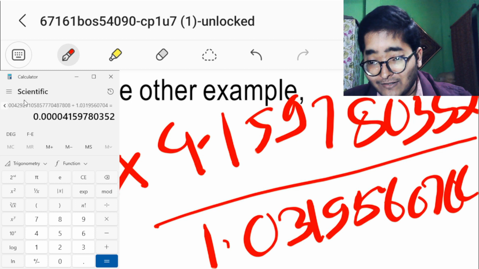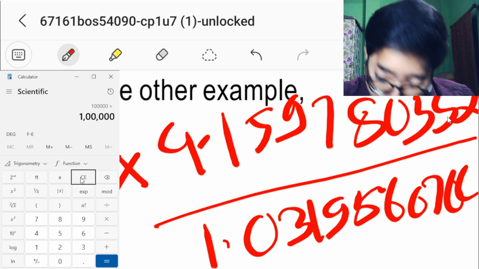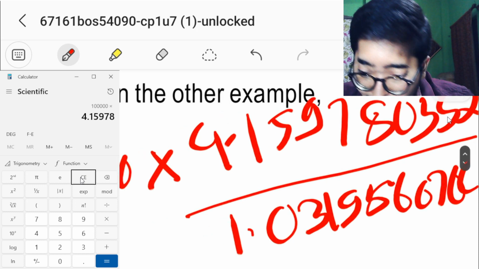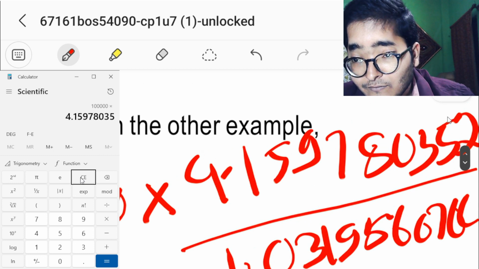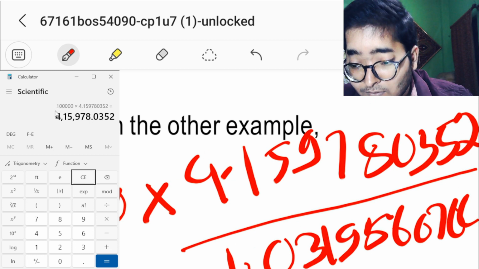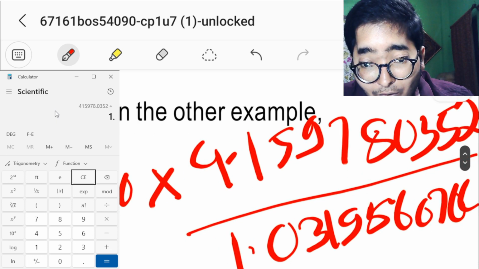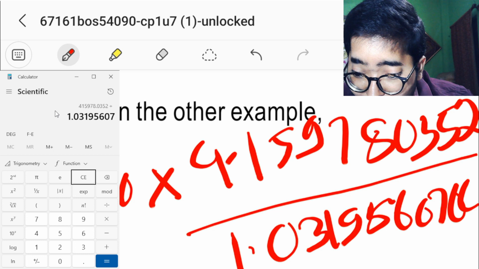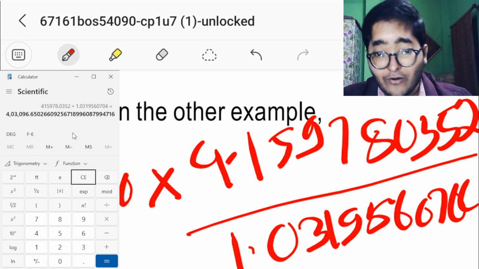Actually my PC cannot handle this much stress at this time. 1 lakh into 4.159780352 divided by 1.03195600704 equals, this is our present value for 9 years.